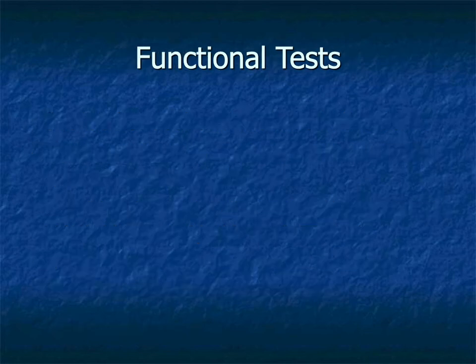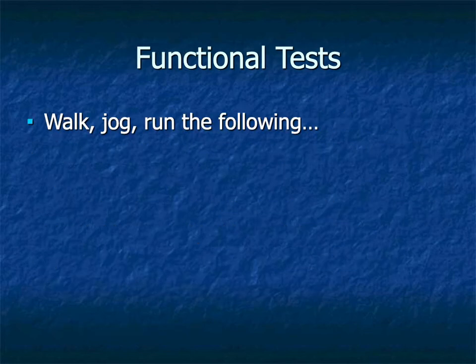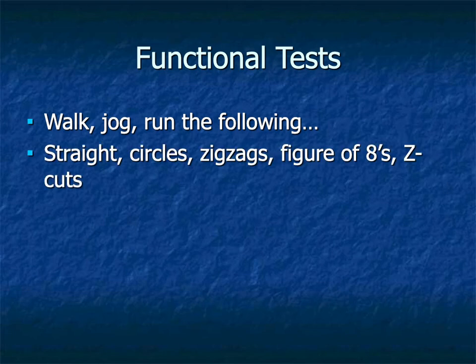Our last process or test is functional testing. We have walk, jog, run. First they walk, then they jog, then they run. We do straight lines, run circles, run zigzags, figures of 8, Z cuts, and some of their athletic movements.